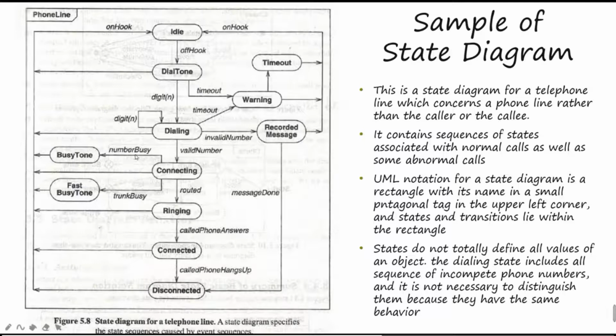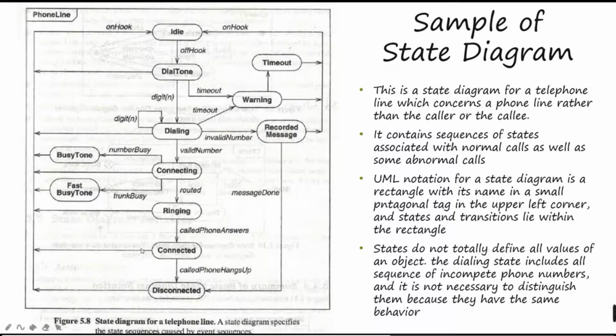If the number is busy, it will go to busy tone. And if trunk busy, fast busy tone. If it is routed, it will go to the ringing state. In the ringing state, if it is unhooked, it will go to idle. If the called phone answers, it will go to connected.